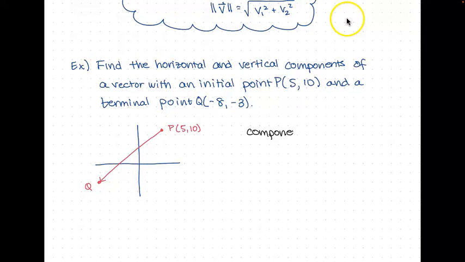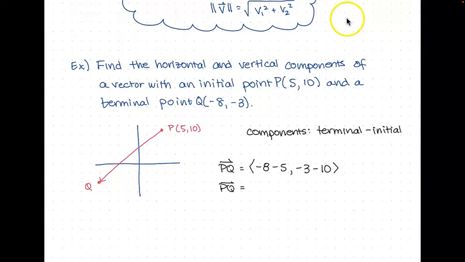So for PQ, the vector, the horizontal component, I'm going to subtract the horizontal components of these 2 points, but doing terminal minus initial. So -8 minus 5. And then the same thing for the vertical component, terminal point minus initial point.